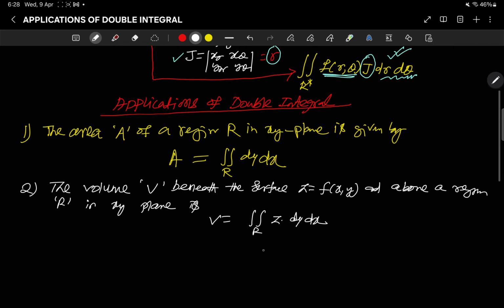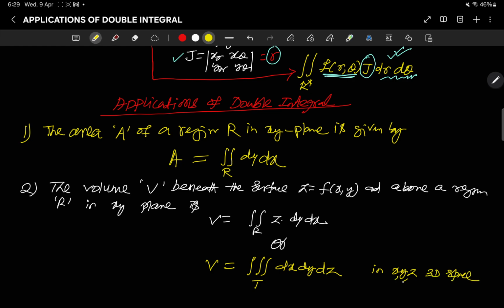Or otherwise we can interpret it as the volume V in xyz space, which is the triple integral dx dy dz, in the xyz coordinate system in 3D space.